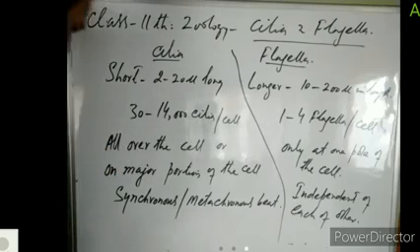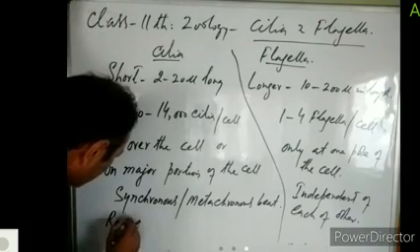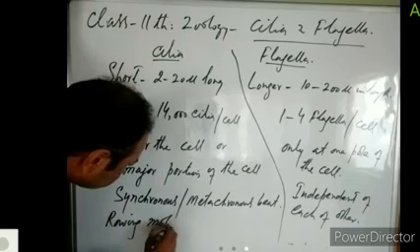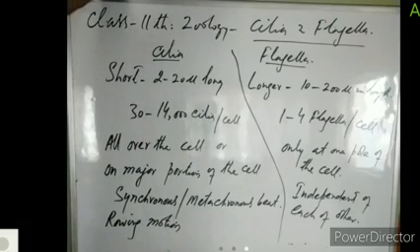Then these cilia also show rowing motion. What is rowing motion? They show rowing like the rowing of a boat, right? First they generate a power stroke.